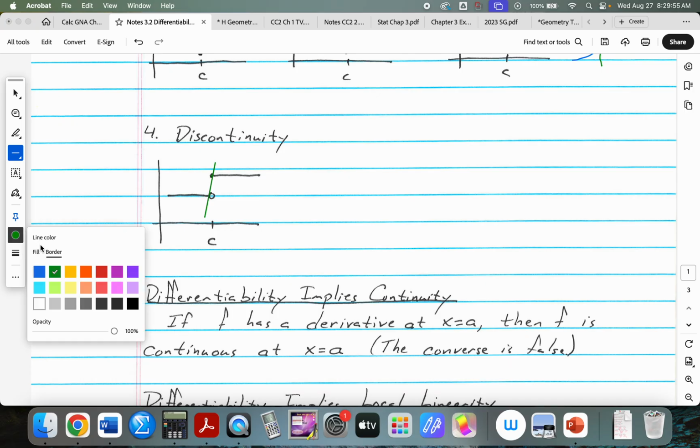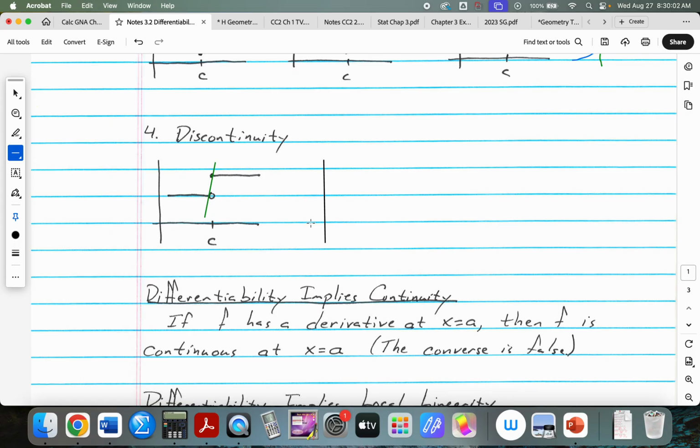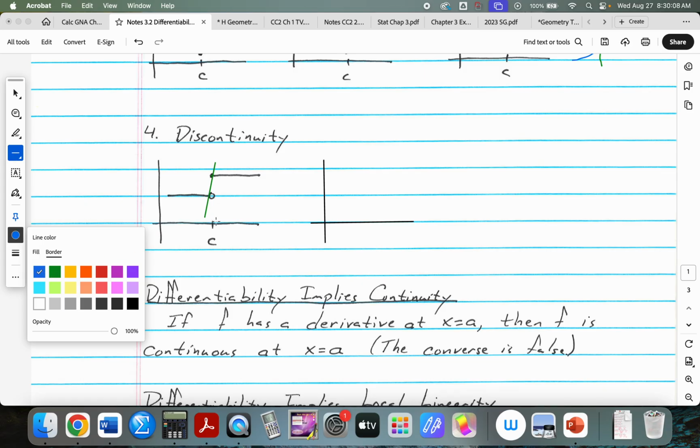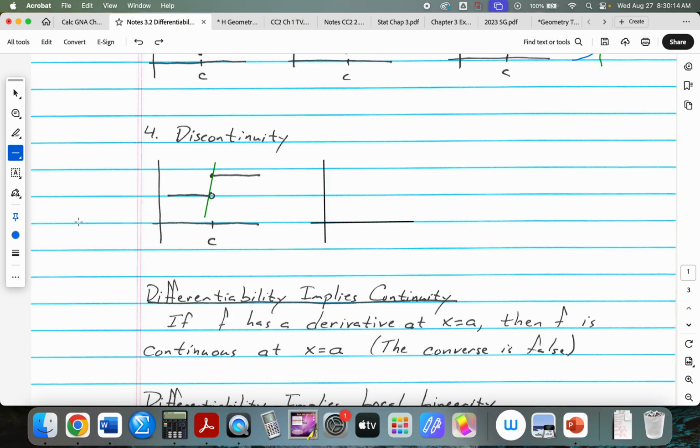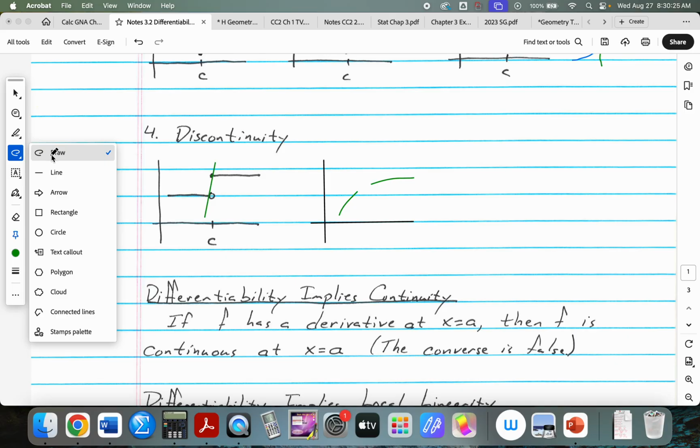In addition, if we were to have something simpler, let's say we had a removable discontinuity. So let's draw this. So we had something like this.